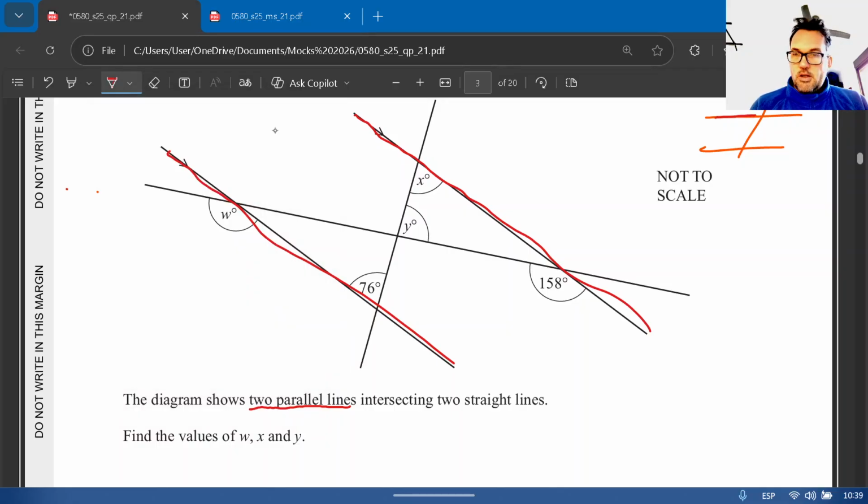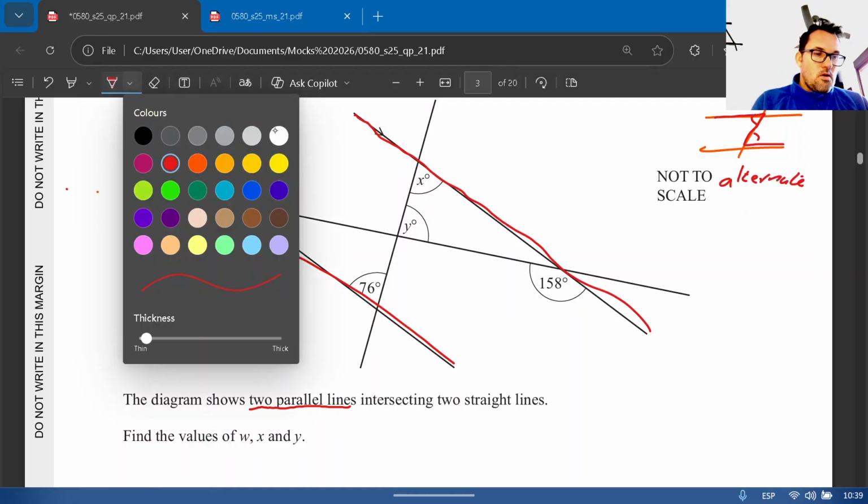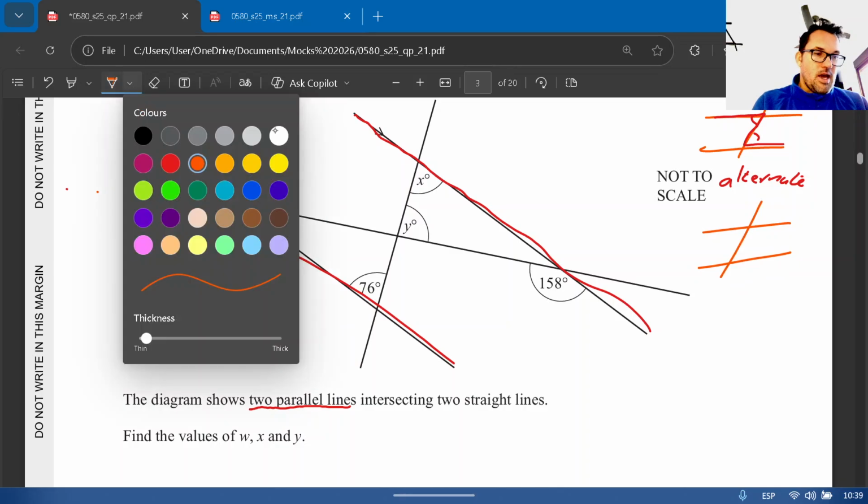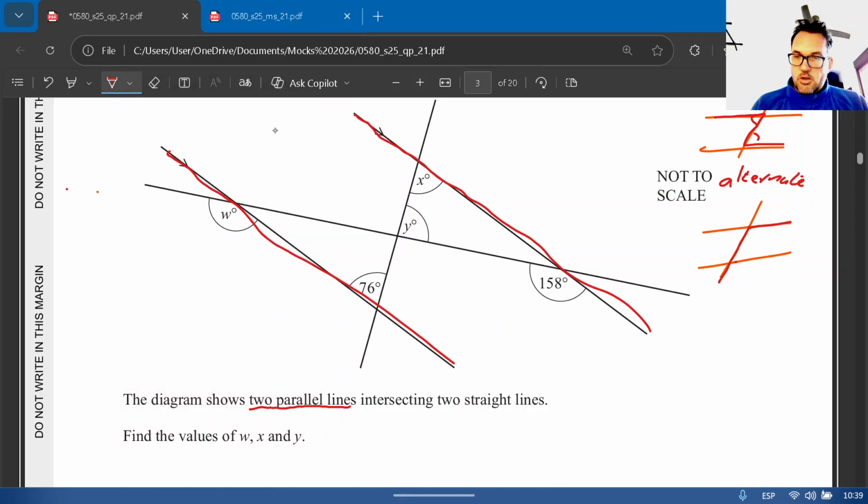They are alternate. Looking for a Z, alternate angles, or with two parallel lines and an intersection, F angles, but of course we're going to call that corresponding. And of course it's co-interior as well. So having these two parallel lines, let's do just that.